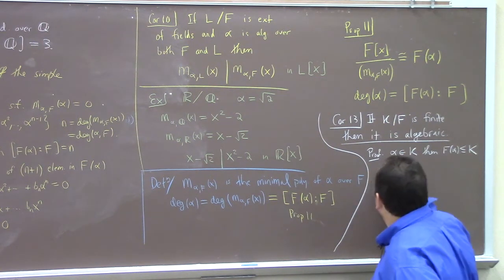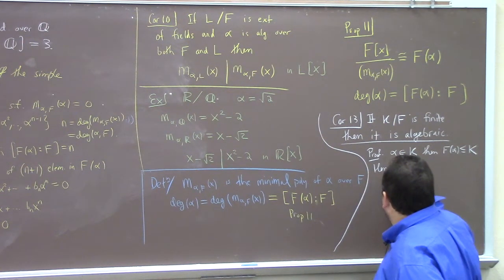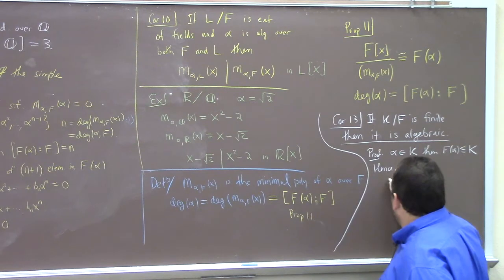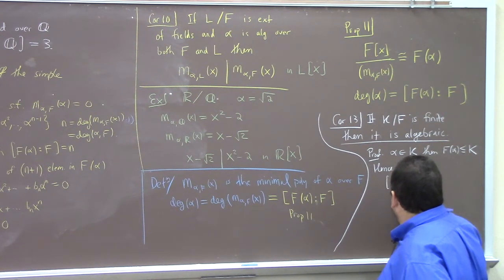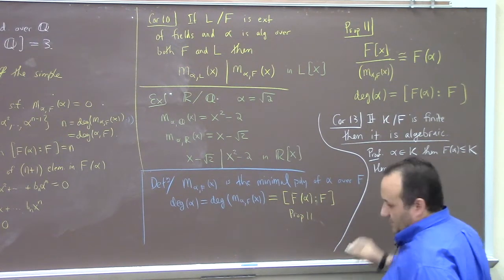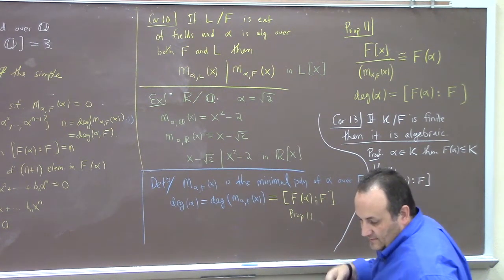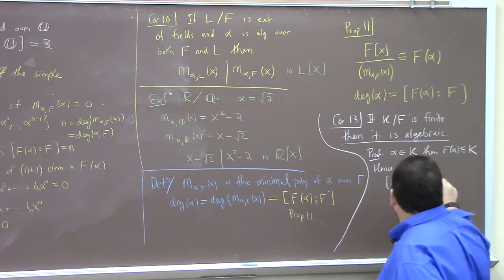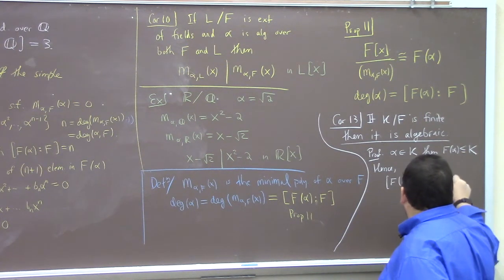Hence, the degree of F(alpha) over F, right, which is the dimension of F(alpha) as a subspace of the vector space K, is less than or equal to the degree of the totality of K over F, right?